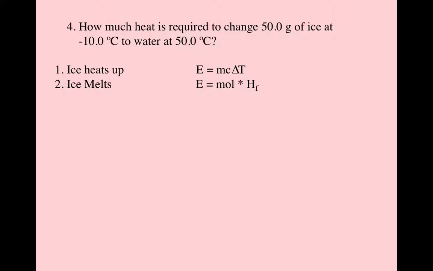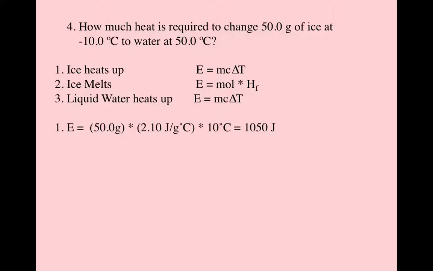So here we use E equals moles times the heat of fusion. And then the liquid water has to heat up, which means that we use E equals mc delta T again. And you might be thinking you can combine a couple of these steps, and you can't. So we're going to kind of jump right into the calculations here. In step 1, E is equal to 50 grams times 2.10 joules per gram degree Celsius times 10 degrees Celsius.